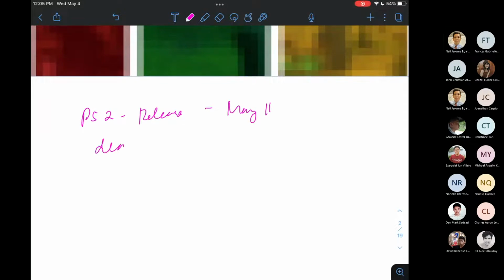And then the deadline would be, there would be 3 items or 3 numbered items. So essentially, at least a working day per item. Pero siguro kung 11, 1, 2, 3, 4, 5. Sige, gawin na nating May 18 yung deadline. Is that fine with you guys? Same format as last semester? Last semester, sorry. As the problem set number 1.